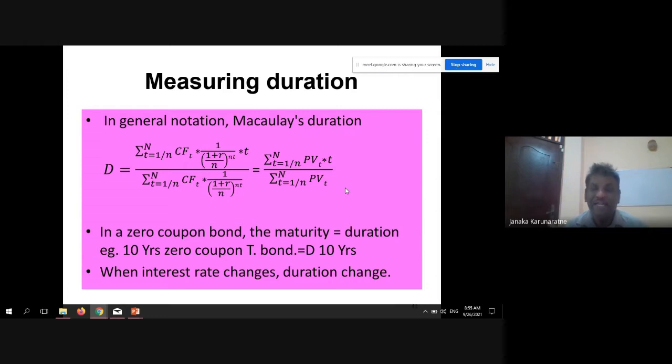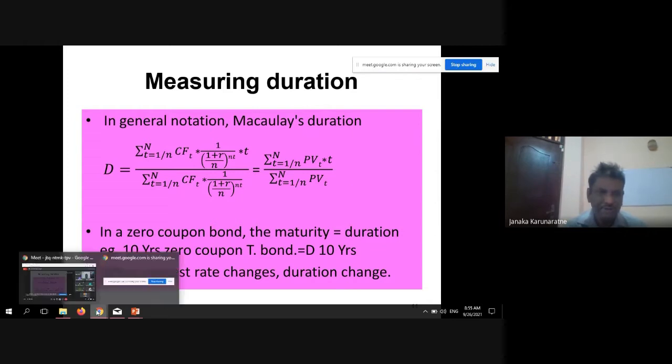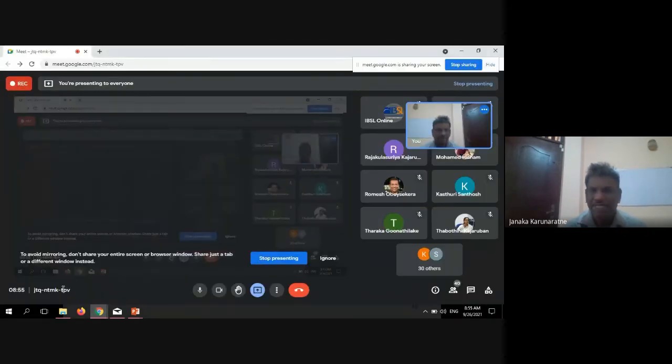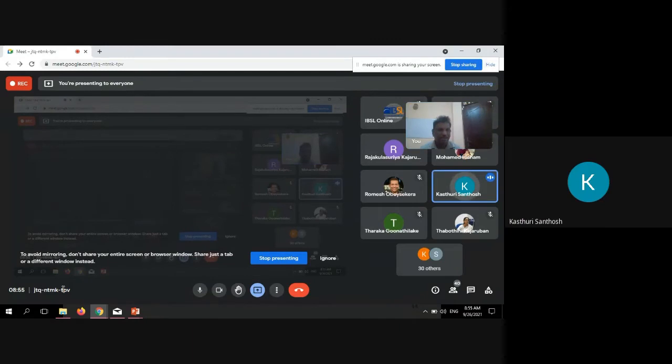What does that really explain? Anyone? That will be the loan amount. But the loan amount we have given.